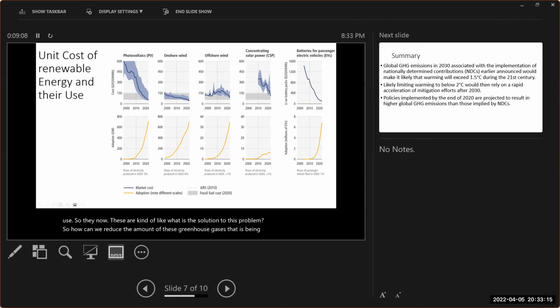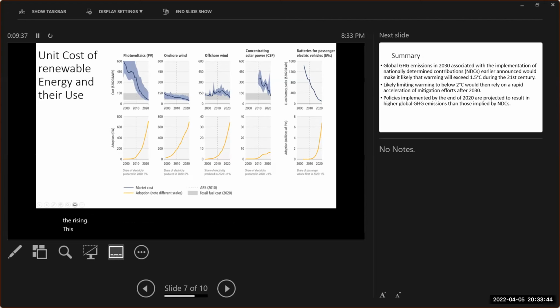So these are several solutions: photovoltaic, onshore wind, like the wind energy we were talking about some few minutes ago, offshore wind, concentrating solar power, batteries for passenger electric vehicles.